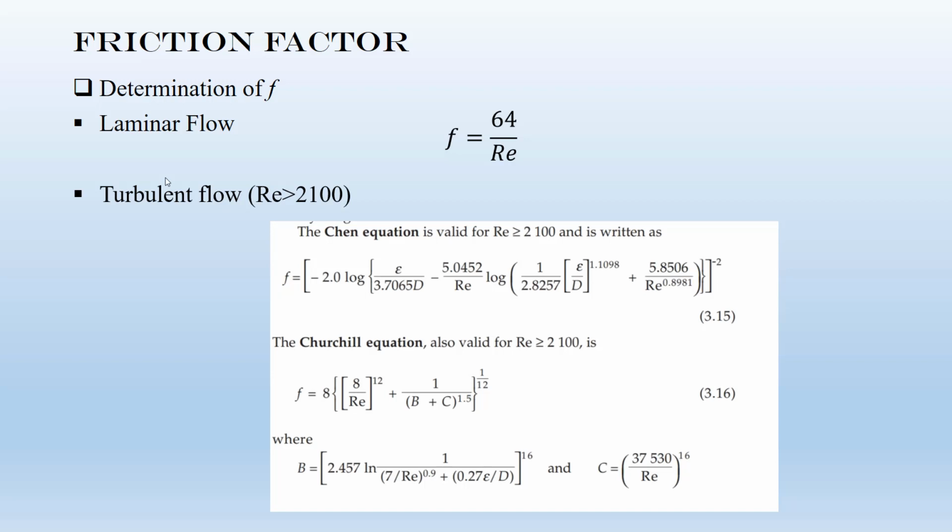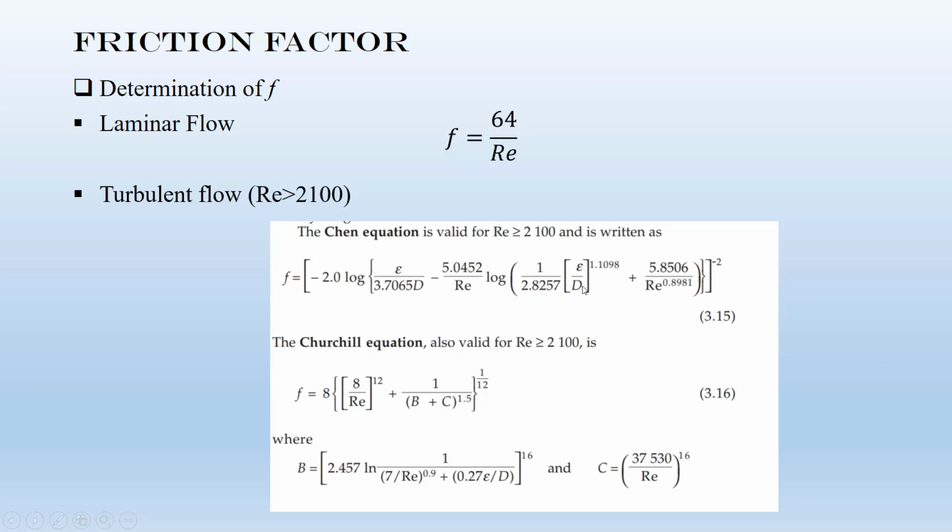So in some textbooks it's 2,200 and in others 2,100. If you have turbulent flow, you can use the Chen equation or the Churchill equation to find the friction factor. You need the Reynolds number and also epsilon over D.